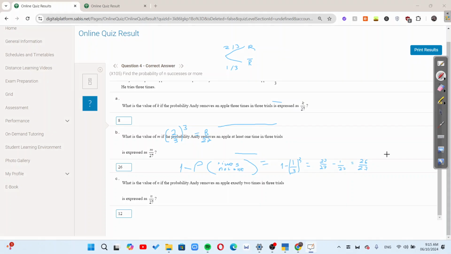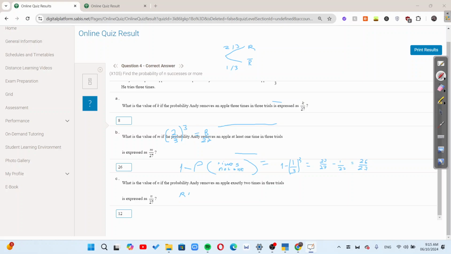I'm just gonna use this up. Okay. So what's the value of n that Andy removes the apple in exactly 2 trials? So what are our probabilities that he removes it, because he wants exactly 2 times. They want exactly 2 times.